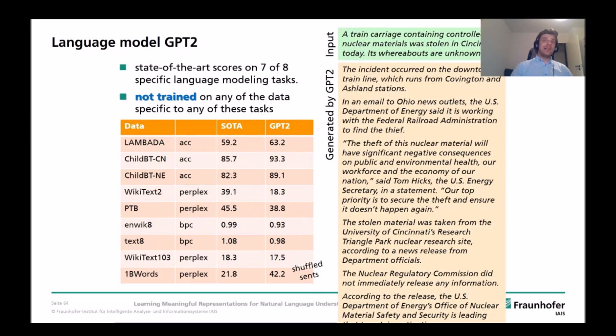Here's a sample input, and if you want to, you can pause the video here and read through this input and through the text that GPT-2 generated out of this input. What GPT-2 does is take this input and then step by step generate next words. The text is impressive in the sense that it's very coherent, and GPT-2 often catches on things that it said earlier and doesn't lose track of the topic.